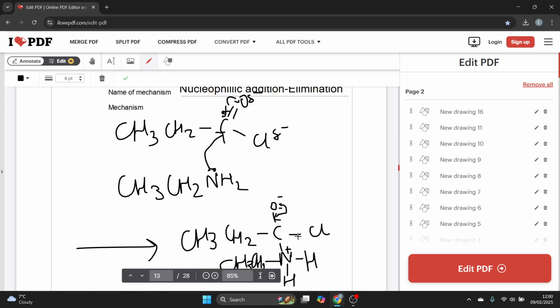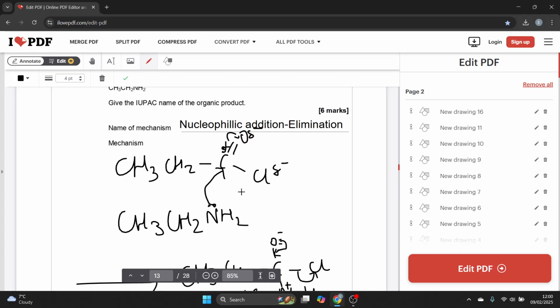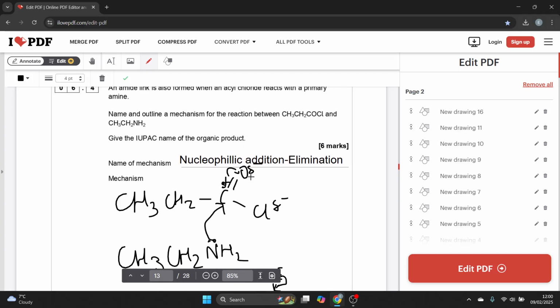In order to reform the double bond, the C-Cl bond must break. And also the Cl minus leaves, through the lone pair of electrons. That's what I memorized from the other mechanism, but in this case it's the NH2.